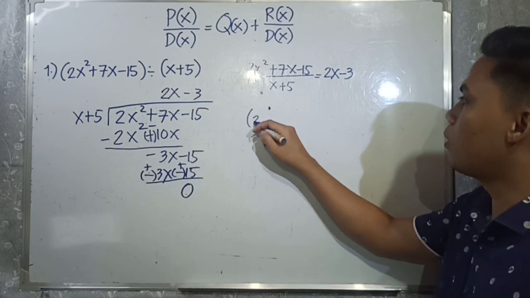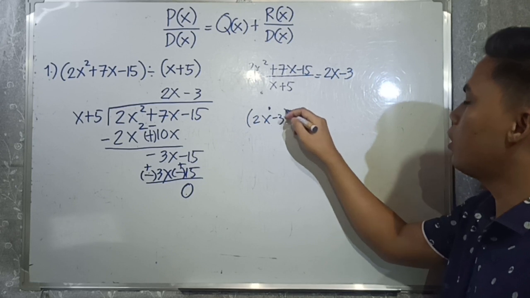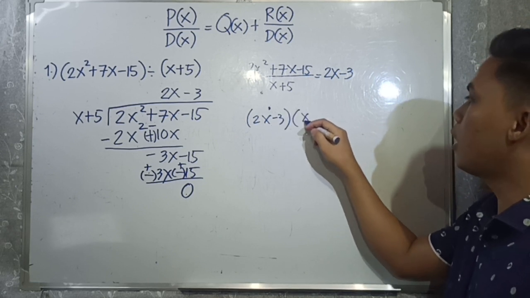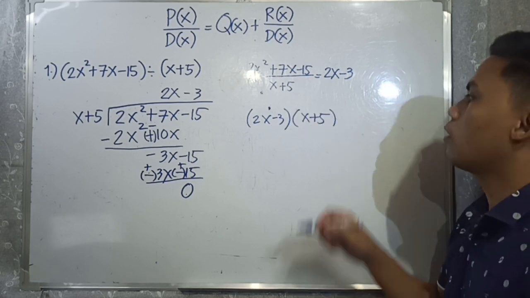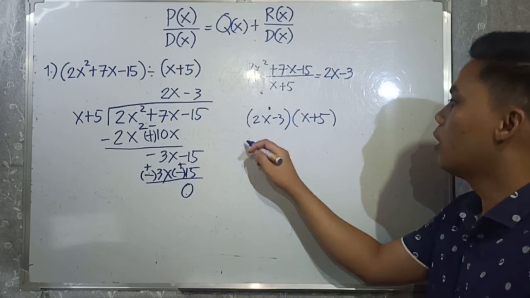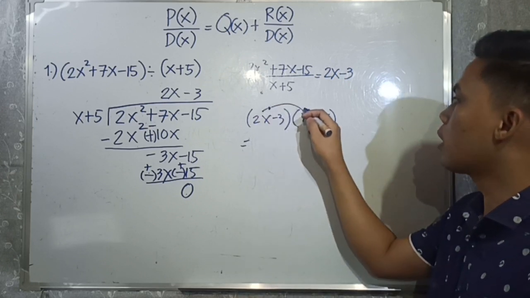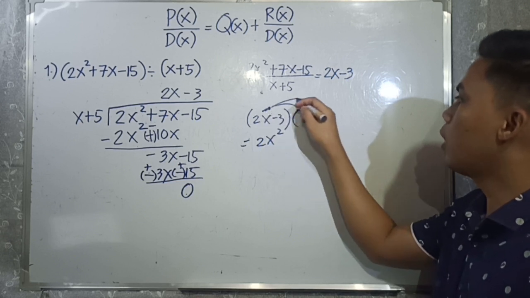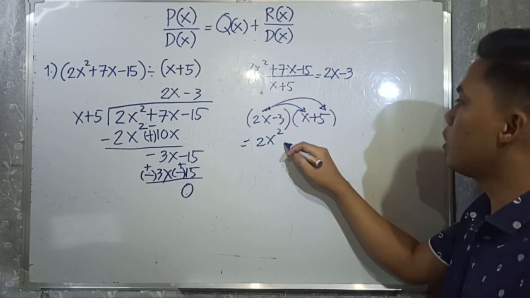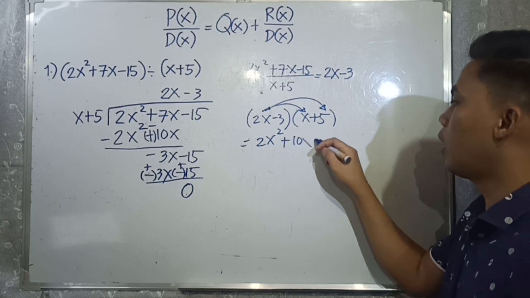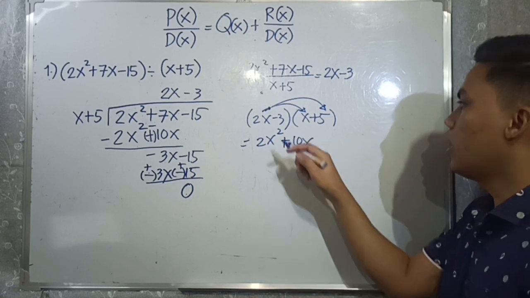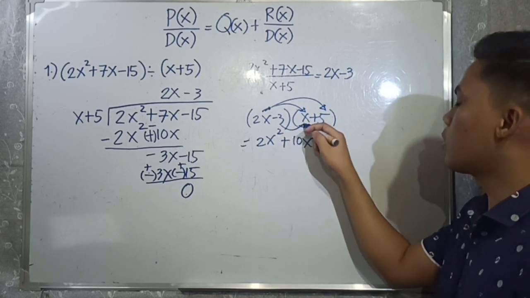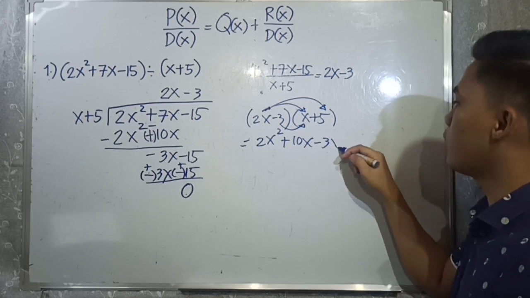So, let us check. We have 2x minus 3 times the quantity x plus 5. Okay? So, 2x times x, that is equal to 2x squared. 2x times 5, that is equal to 10x. Okay? Now, negative 3 times x, that is negative 3x.